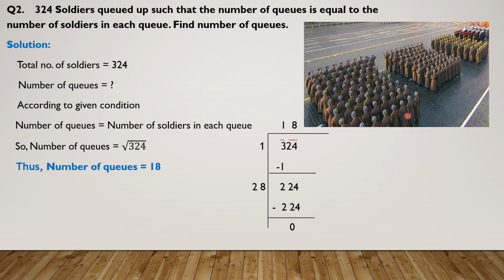Here the area is the 324 soldiers we have. So how will we find this side? Simply by taking the square root of the total soldiers, we can find the side, we can find the number of queues. So how do we find the number of soldiers in each queue? We will take the square root of 324 and that is 18. So the number of queues is 18.